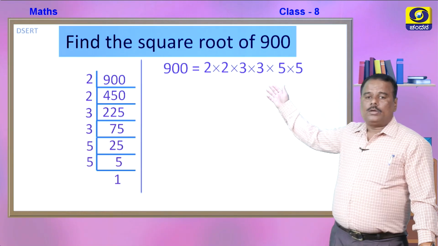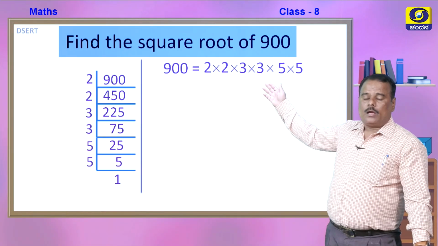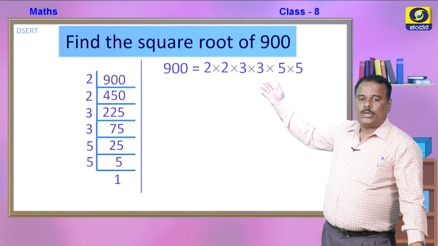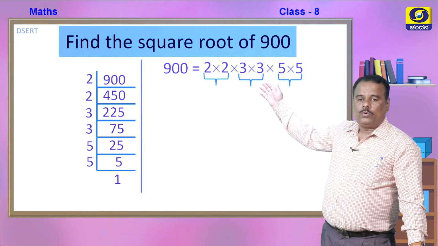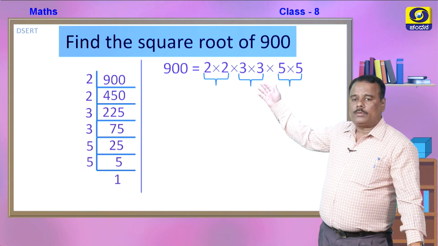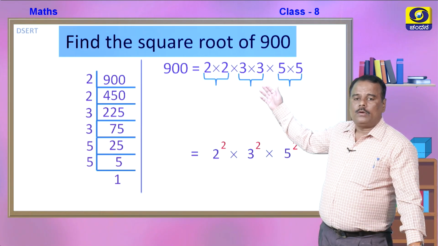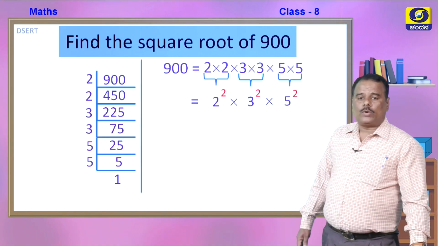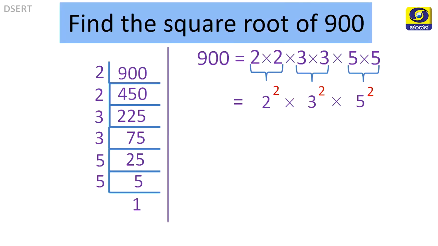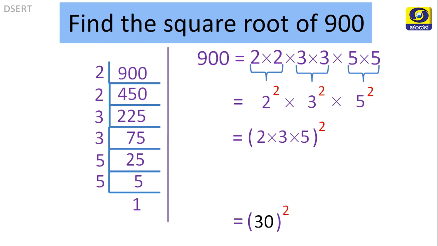Now, let us express them as squares. Since 2 is repeated 2 times, 3 also 2 times, 5 also 2 times, we can write them as 2 square into 3 square into 5 square. Now, by using the law of indices, we can write it as (2 into 3 into 5) whole square, which is written as 30 whole square.